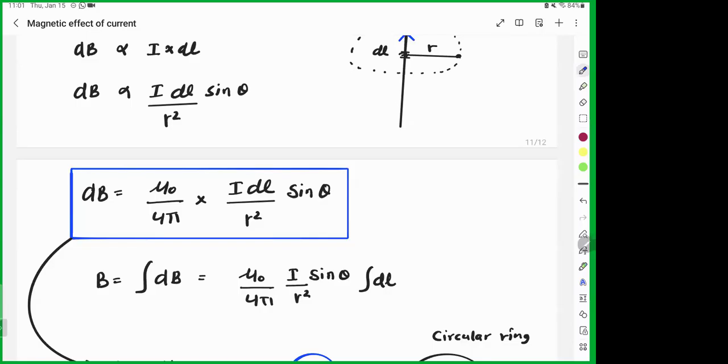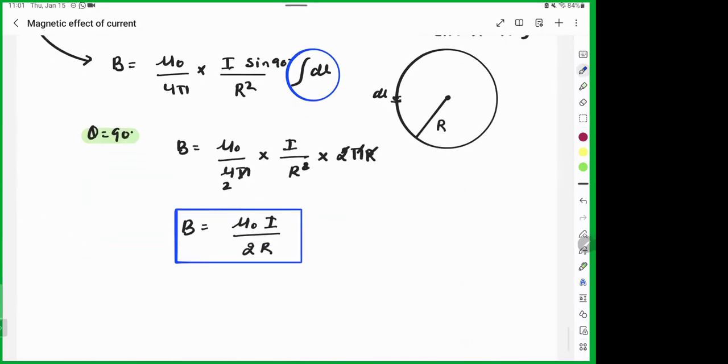In case of electric field, angle does not matter. Understood? So with dl integration, you will get the answer. We are not bothered about what the circular ring magnetic field is. We know that we have to do integration of dl and we'll get the answer. I will not remember any formula from that.